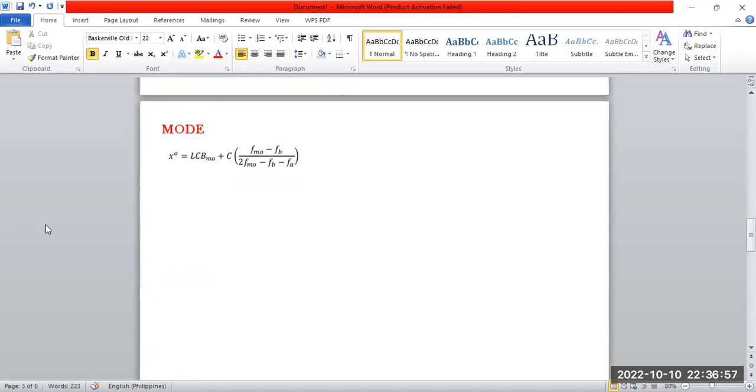And now with the mode, okay, so let's follow the formula also.